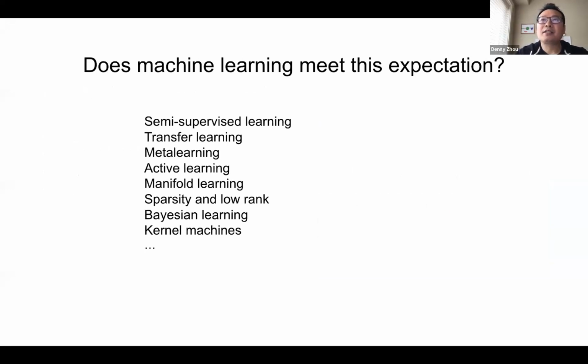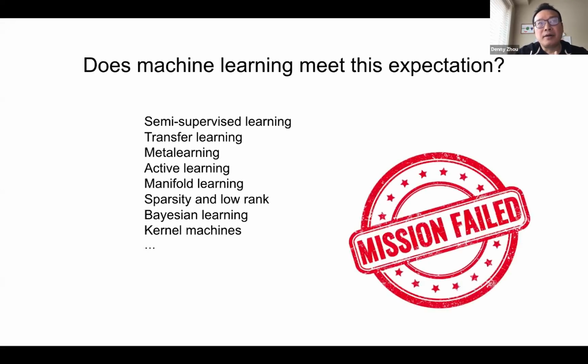Does machine learning meet this expectation? During the past decades, the community has developed many techniques like semi-supervised learning, transfer learning, meta-learning, and so on to improve data efficiency. Despite those fancy names, unfortunately, none of them really works in practice.